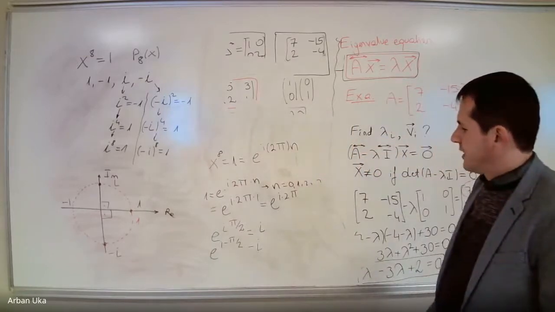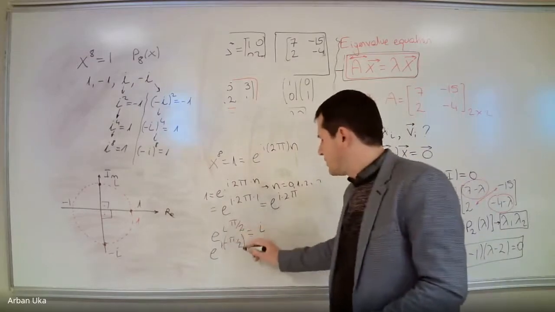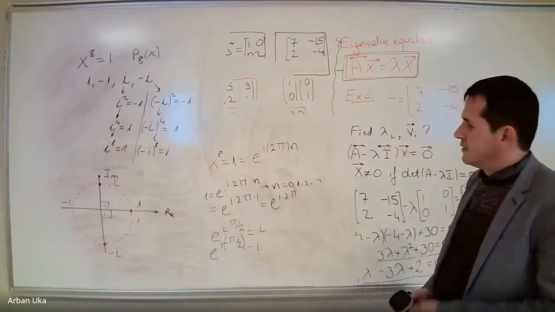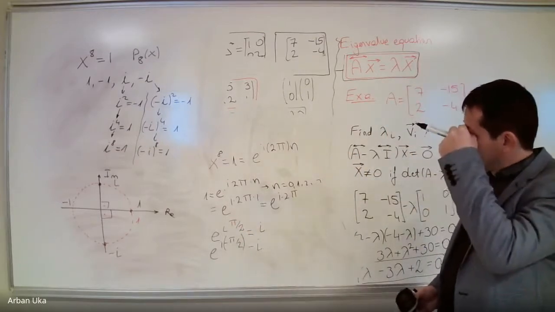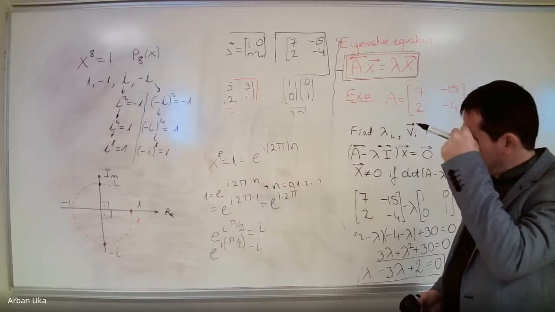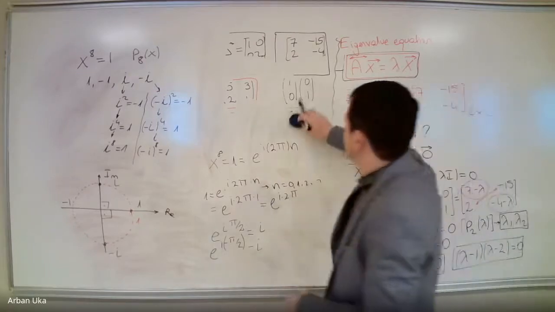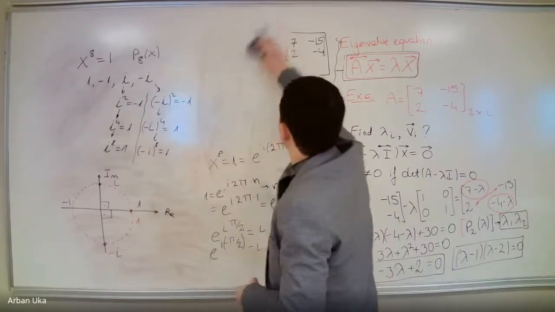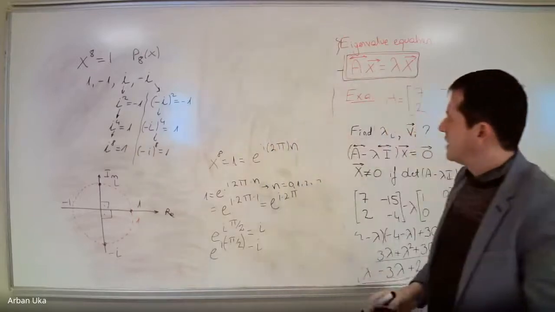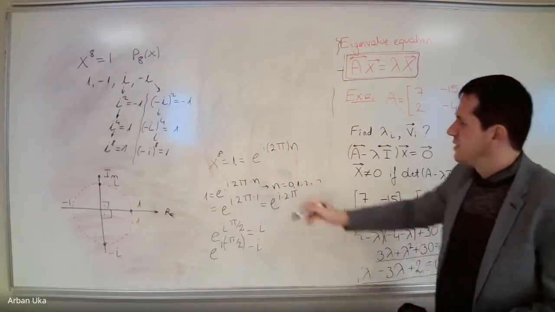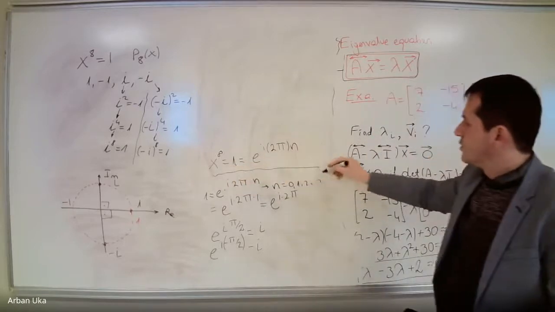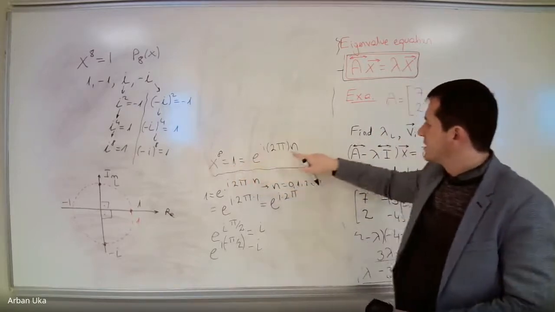There is also an identity which can help us to understand this, which is the Euler identity. But let's not talk about it yet. Let's only assume that 1 is represented like this.